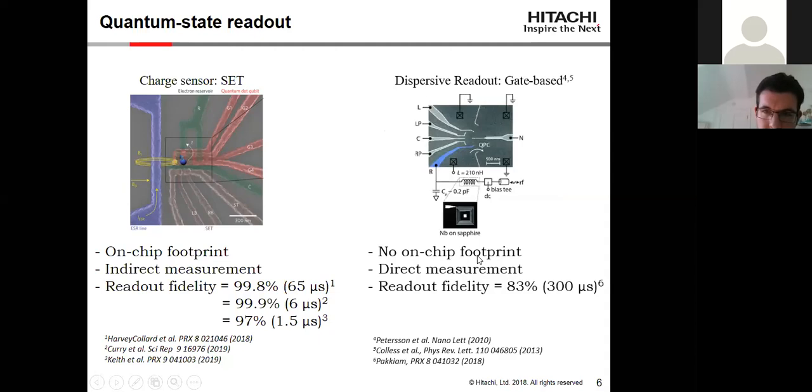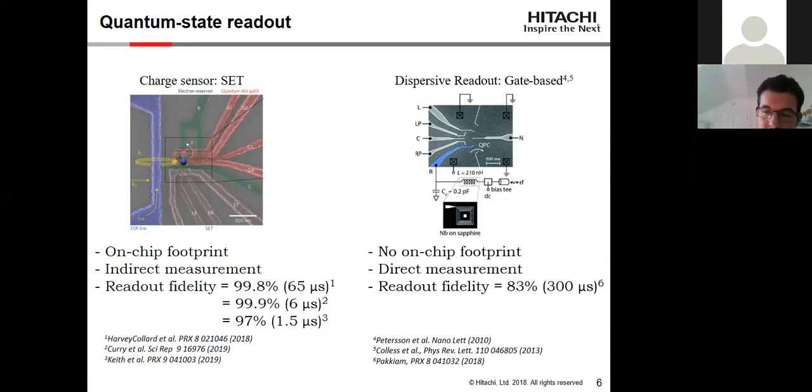There is another approach, within the context of circuit QED as well as dispersive readout, that we like to call gate-based sensing, in which you co-integrate two different technologies. One, for example, gallium arsenide technology that defines quantum dots, with superconducting technology for the definition of the resonator.